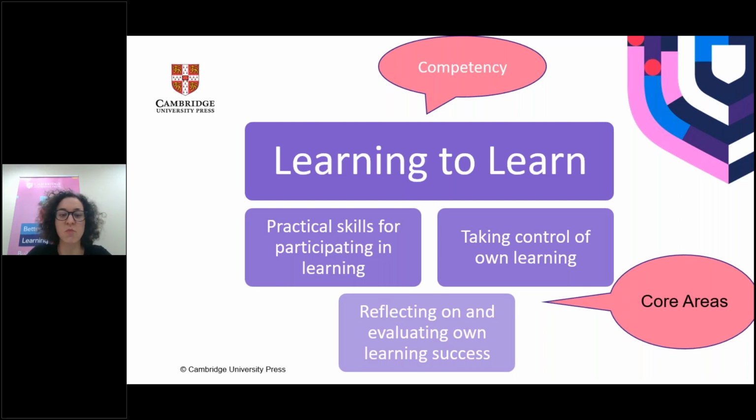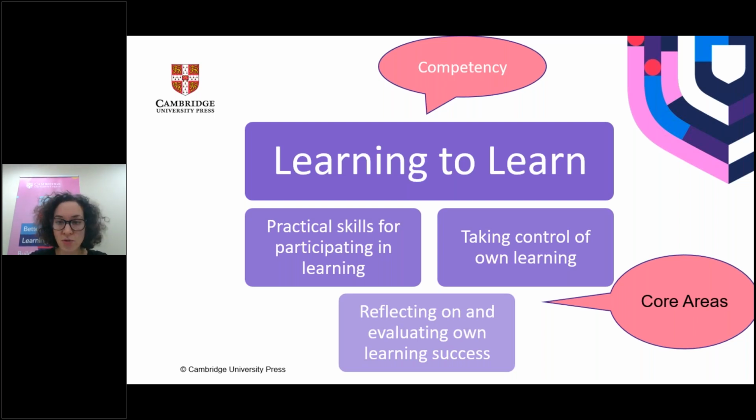What exactly do we mean by practical skills for participating in learning? This includes such skills as the ability to make notes, store information and retrieve information when it's needed, for example. And this is the area which should be developed autonomously, which should go from teachers' guidance to students' autonomy.